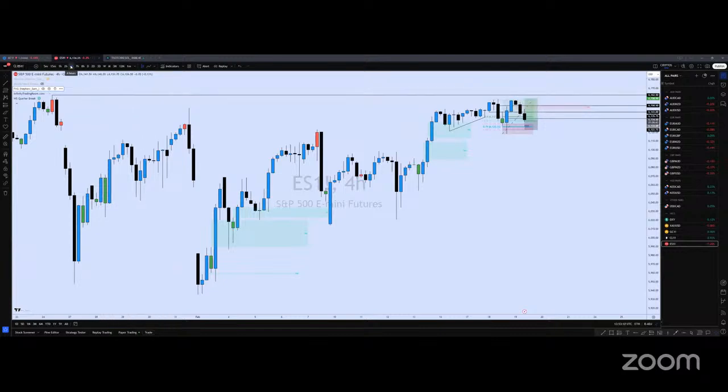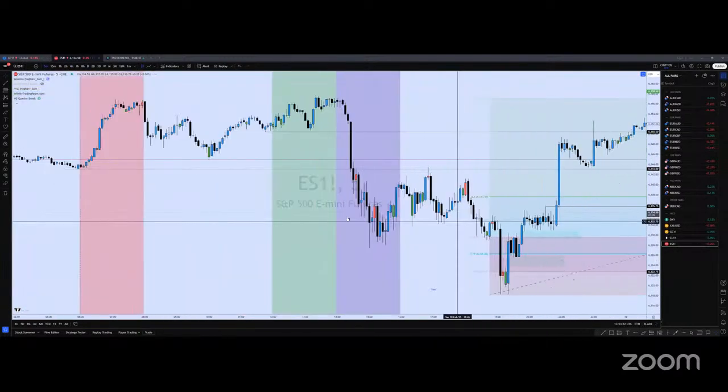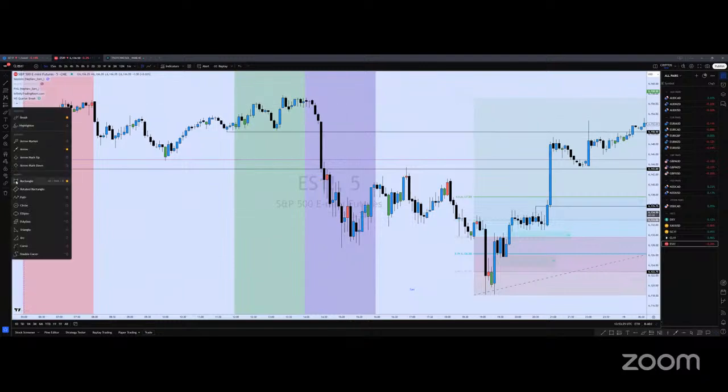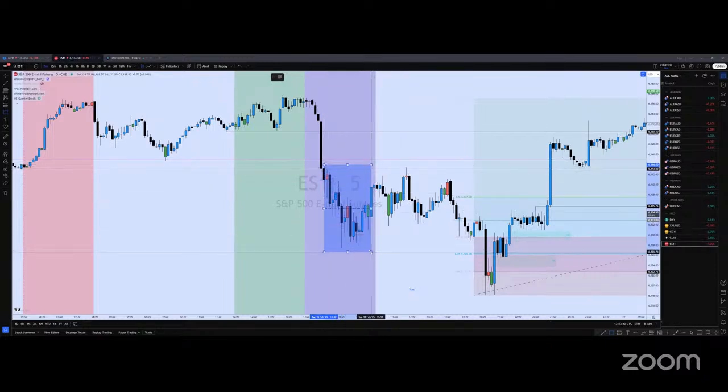I think that was yesterday here. That's when we were having our session right in here. What time? Yeah, 2:30. Right here. That's when we were having our session, and we were watching the 1 minute chart.